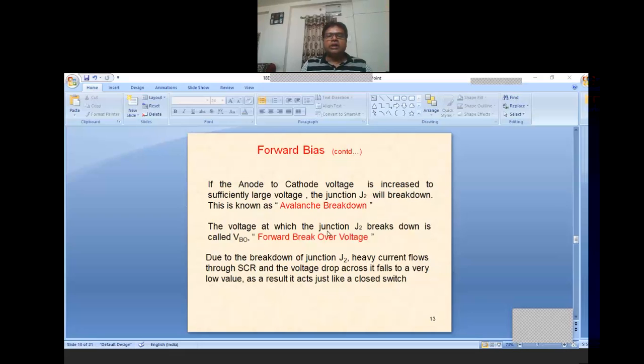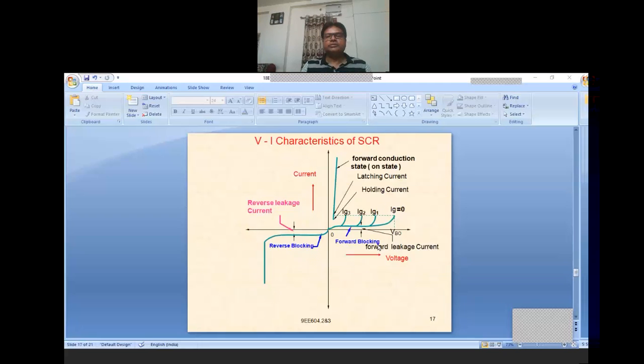The voltage at which the junction J2 breaks down is called VBO, forward breakover voltage, which corresponds to this point.